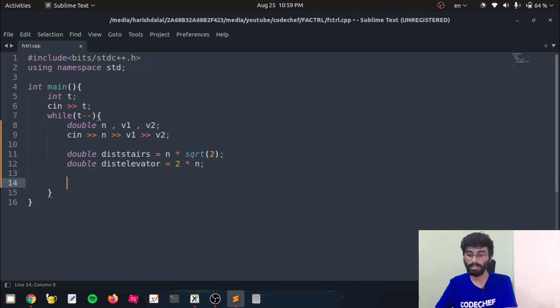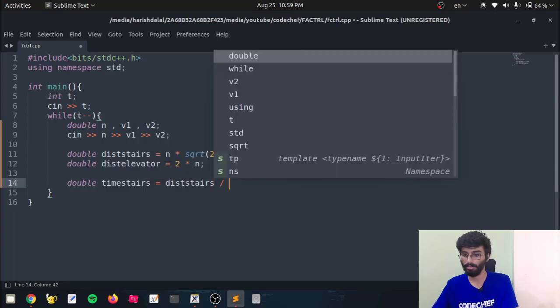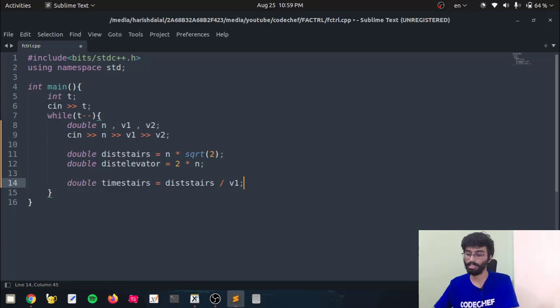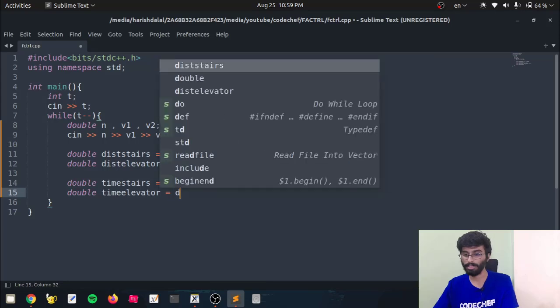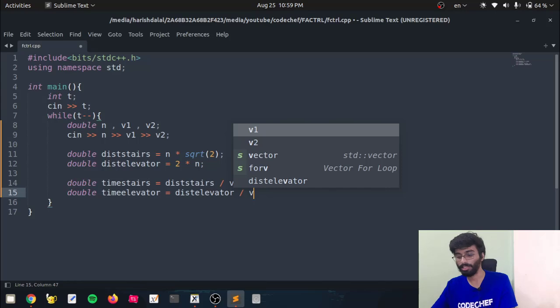Now the time required through stairs will be distance of stairs divided by velocity for stairs. Time for stairs will be distance of stairs divided by v1, which is velocity through stairs, and time for elevator will be distance of elevator divided by the velocity of elevator.